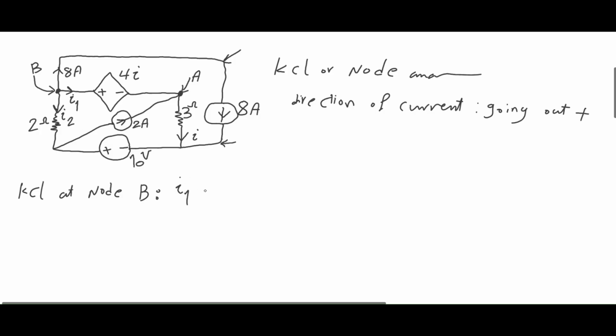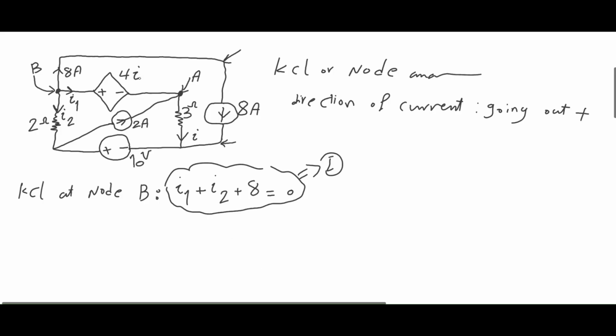And same story for I2, plus I2. Do we have a negative current? No, because 8 amp is also going out of node B. So plus 8 equals 0. Let's just keep this equation in mind and call it equation 1.